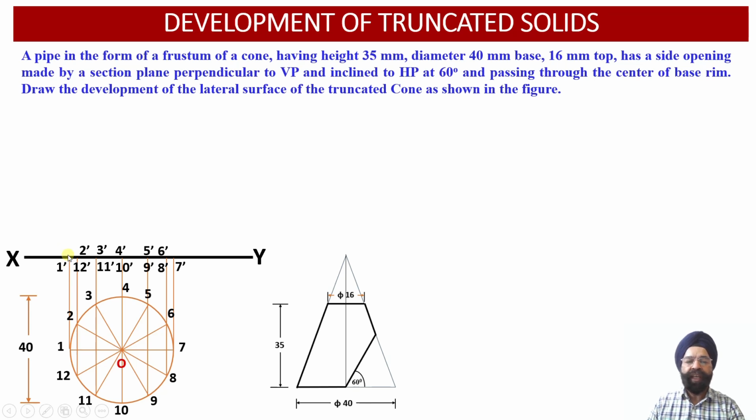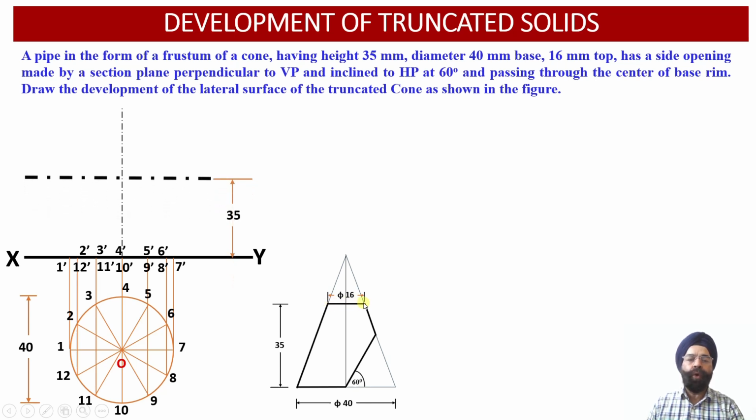So this way 12 points of the base we have obtained onto the XY reference line in the elevation projection view over here. Now we also know that the height of the frustum of the cone happens to be 35 millimeter. And another information we have, at a height of 35 millimeter, we are going to obtain the top face or the top circular projection corresponding to the frustum of the cone over here.